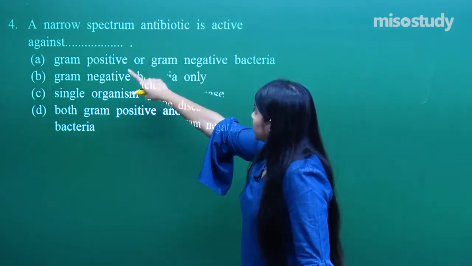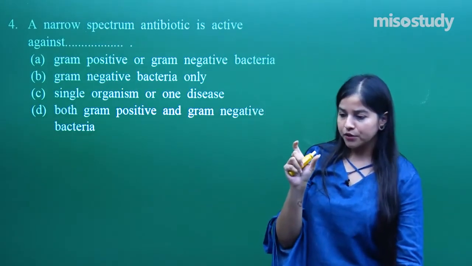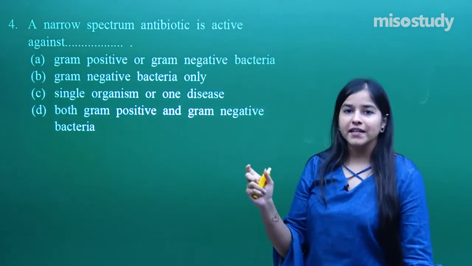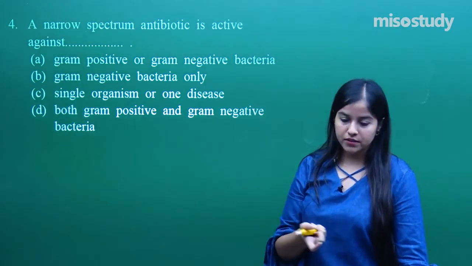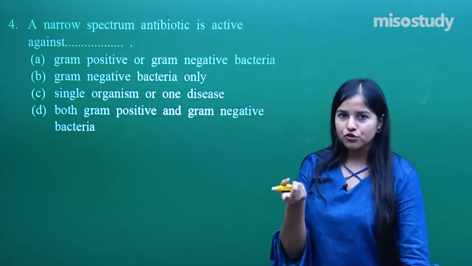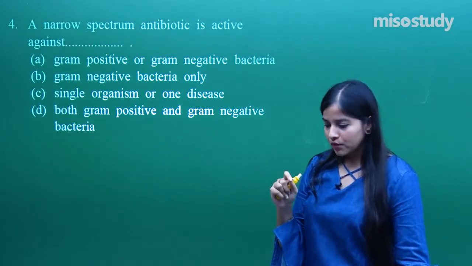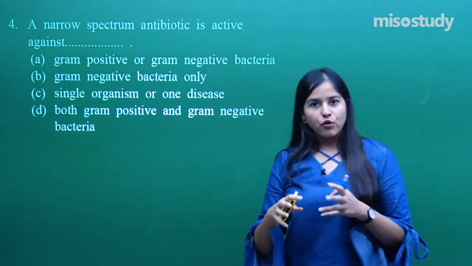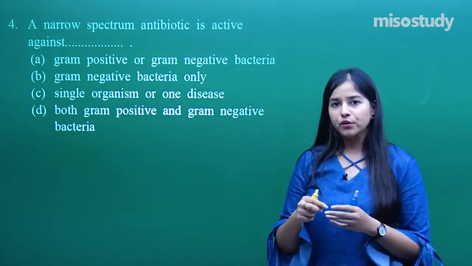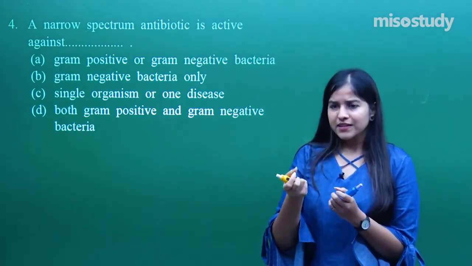So, gram positive or gram negative bacteria, first of all you must have come across these terms. The students of medical background will be getting this, but not the non-medical ones. So let me give you a little idea about how to remember them. So gram positive bacteria are those bacteria. Basically what happens is, in the laboratories when we test the bacteria, we stain the bacteria with a violet colored kind of ink.